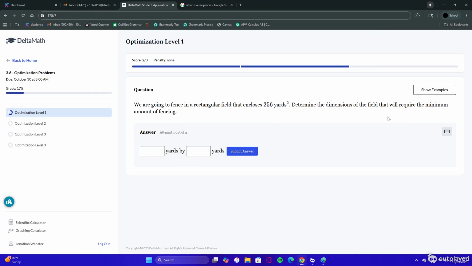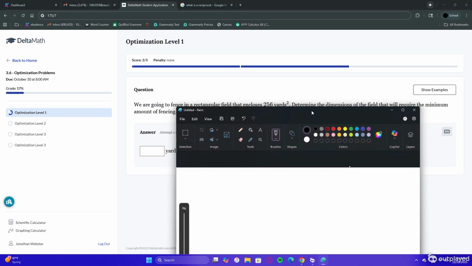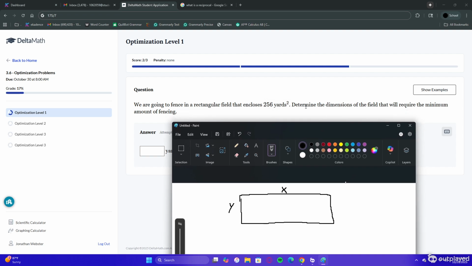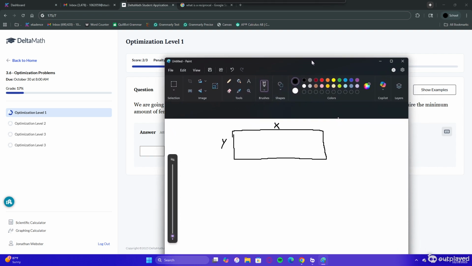Okay, again we're given another problem where it gives us a rectangular field that encloses 256 yards, so its area is 256 yards squared, and we have to determine the dimensions of the field that will require the minimum amount of fencing.